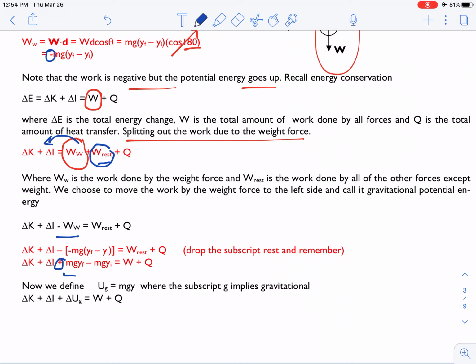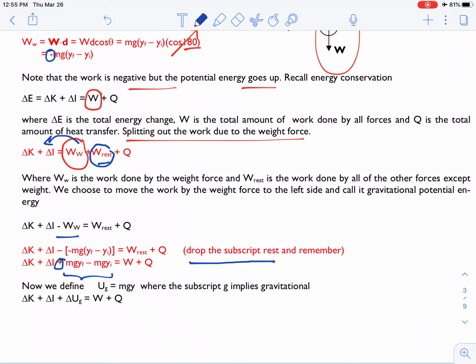I'm just focusing on this portion here. I already included the work done by the weight force, and I separated it from the other ones. Next we drop the subscript rest, and you have to remember that it does not include the work done by weight force because you put it on the left side already.